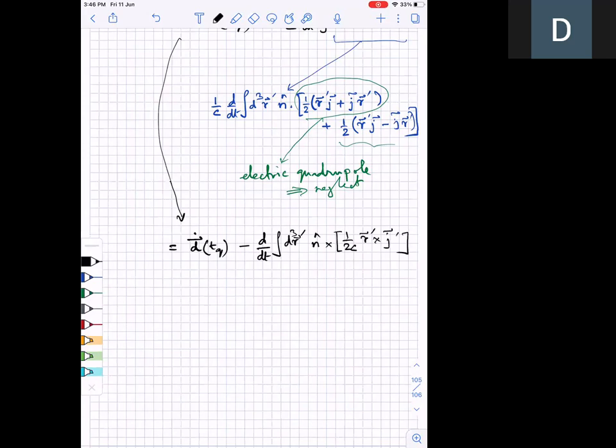This is what it is. J cap is of course a function of r cap and t cap. This is something we're getting.